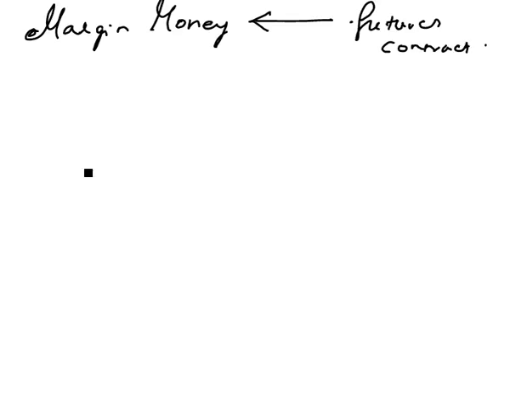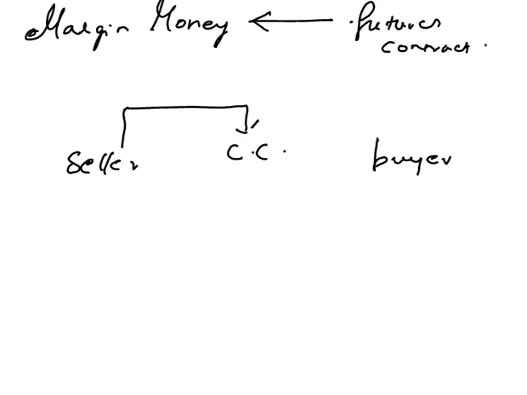So this is how the future contract happens. There will be a seller, there will be a buyer, and in between them, there will be the clearing corporation. The seller sells the future contract to the clearing corporation, and the clearing corporation sells it to the buyer.